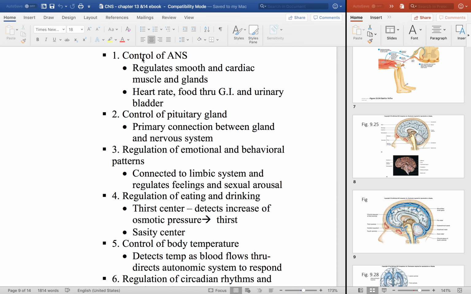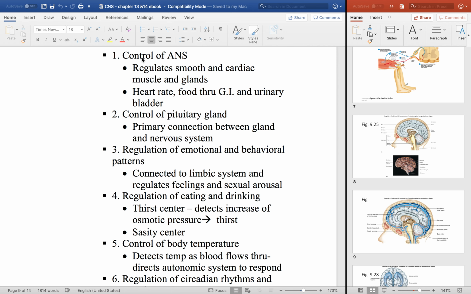So it has control of the autonomic nervous system. It regulates the heart and the glands that control the heart. So it's heart rate. The other glands, like those big in the stomach and the urine in the bladder, so it controls how we process food and how we process our waste, how we decide what to keep as far as chemicals go, and what we decide to get rid of.